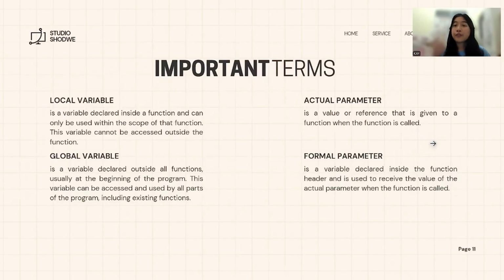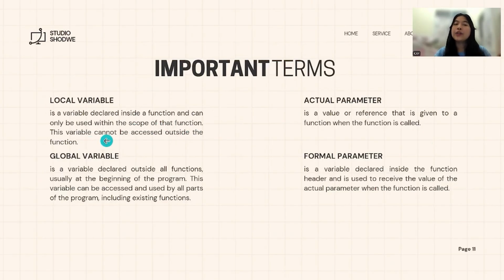Okay, there are 4 important terms you must remember. They are local variable, global variable, actual parameters, and formal parameters. Local variable is a variable declared inside a function and can only be used within the scope of the function.